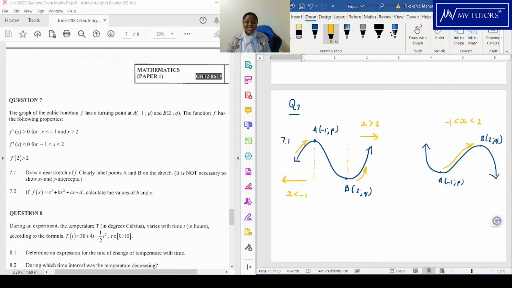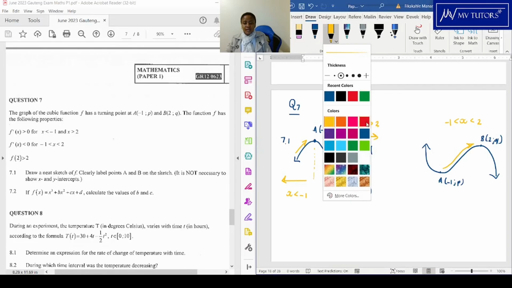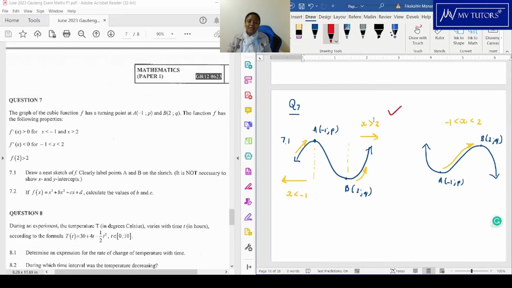Okay, so we can see here just from the first description that we are dealing with this function over here, a happy face cubic function. Okay, so where a is bigger than 0.